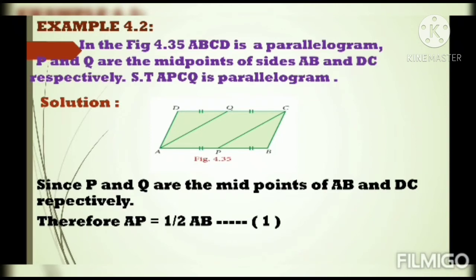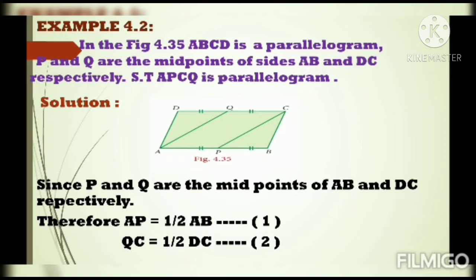So, AP equals AB by 2. Similarly, what is the value of QC? Here also QC is half of the side DC. So, QC equals half of the value of DC, that is DC divided by 2.